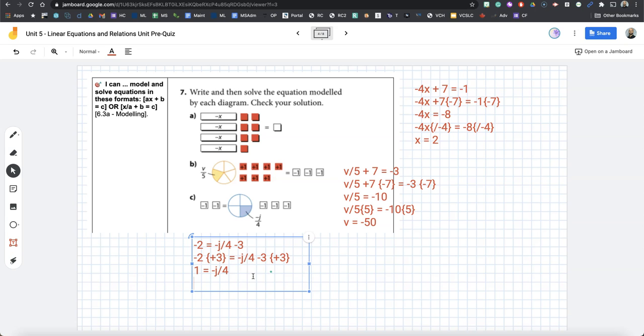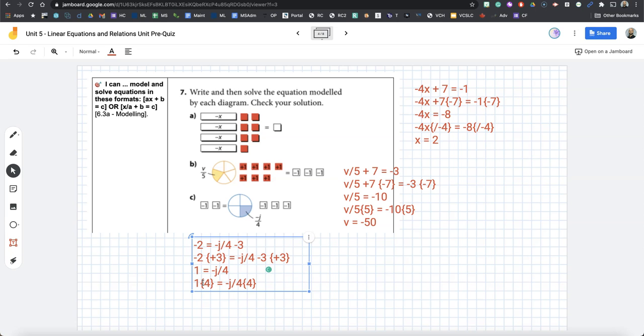We're almost there. How do we get rid of the divided by 4? Negative j divided by 4. Well, we need to multiply both sides by 4. We're doing the opposite operation, just as we did over here. So we're going to multiply both sides by 4. 1 times 4, and then negative j over 4 multiplied by 4.